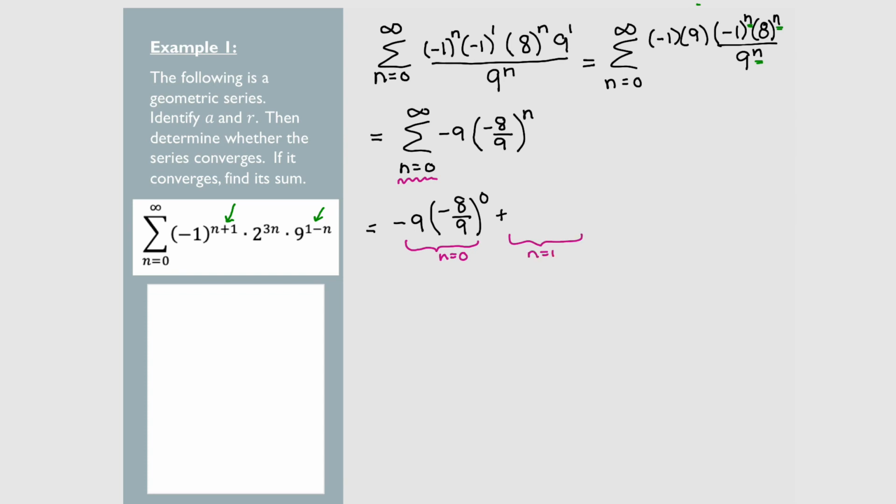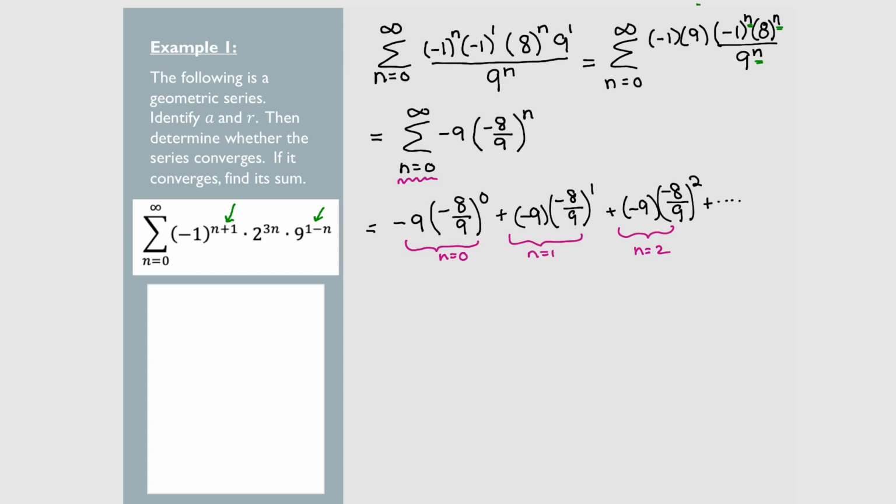So when n is 1, I have the same pattern. I have -9, but this time I'm multiplying that times -8 over 9 to the first power. And then my next term, when n is 2, is going to give me -9 times -8 over 9 to the second power, etc., etc. So let's list out what we've got going here.